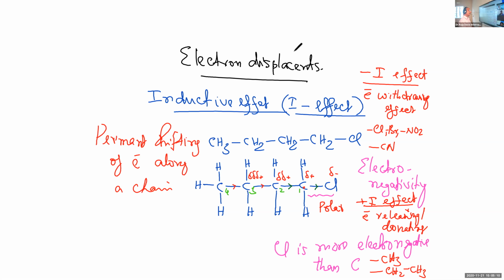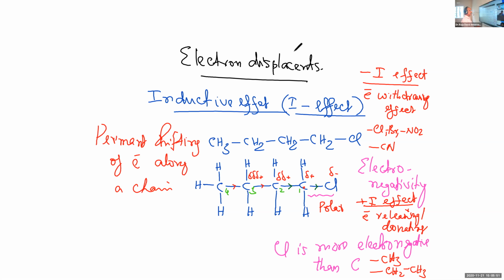Inductive effect is only a slow shifting of electrons along a chain of atoms due to the presence of a polar covalent bond. So shifting of covalent electrons present in the covalent bond along a chain of atoms due to a polar covalent bond already present, that's called the inductive effect or I effect.